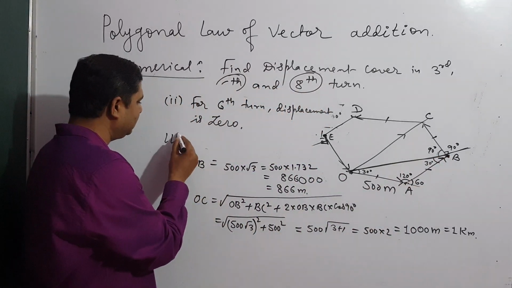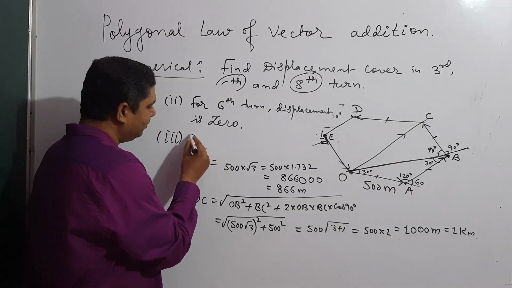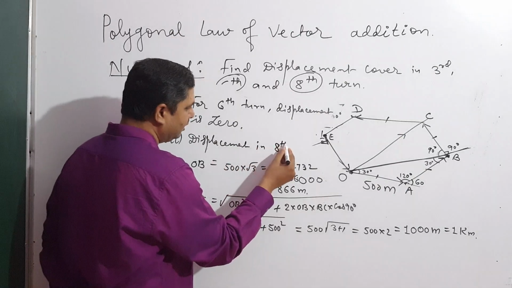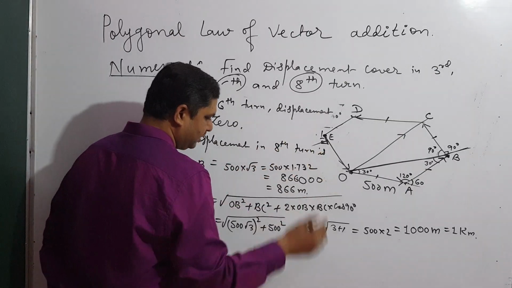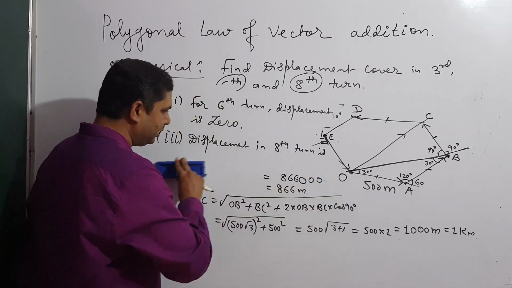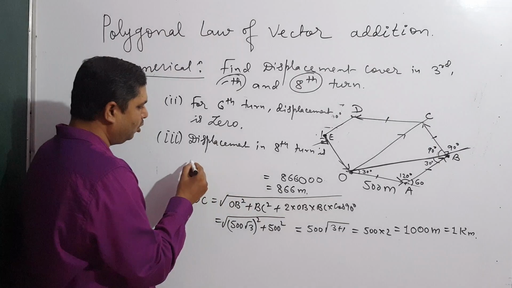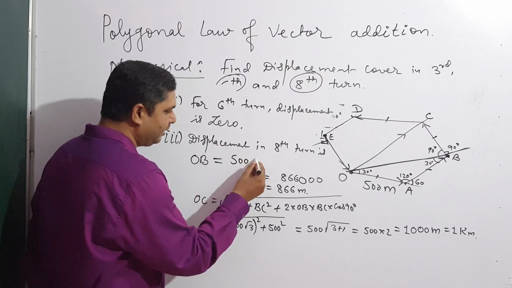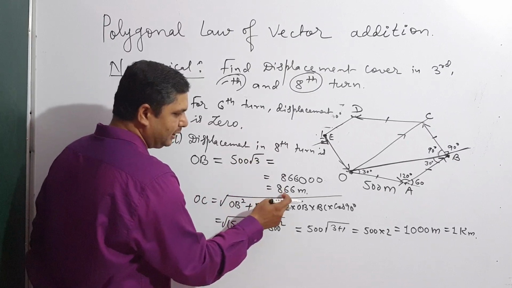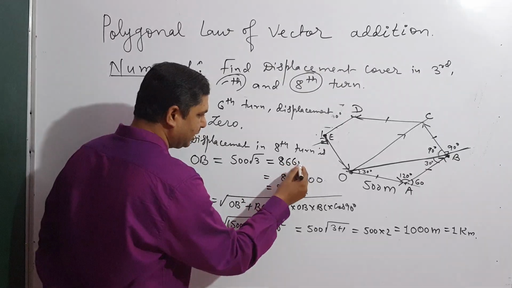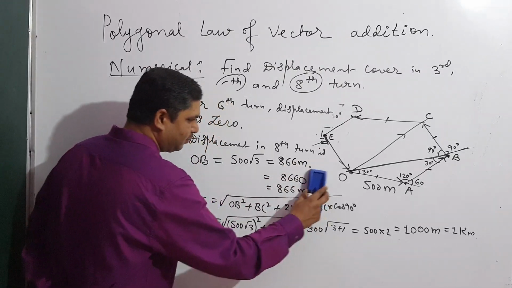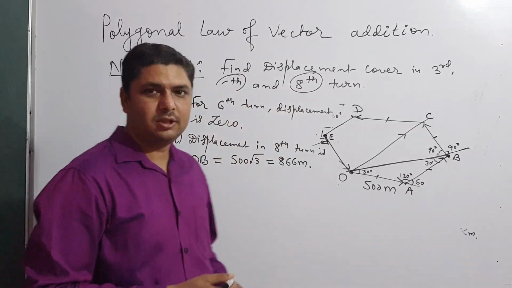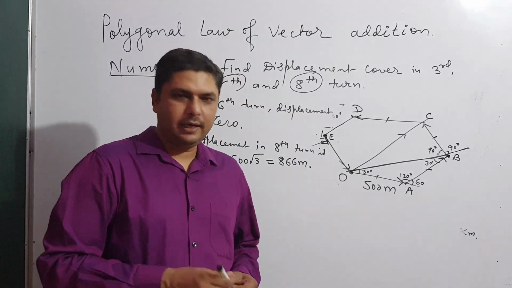So in the third case, displacement in the 8th turn is OB, and you know that OB is 500 root 3, which equals 866 meter. So the displacement covered is 866 meter in the 8th turn.